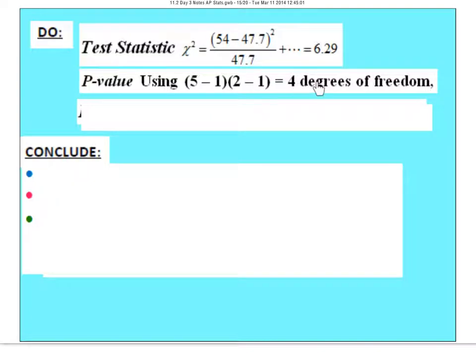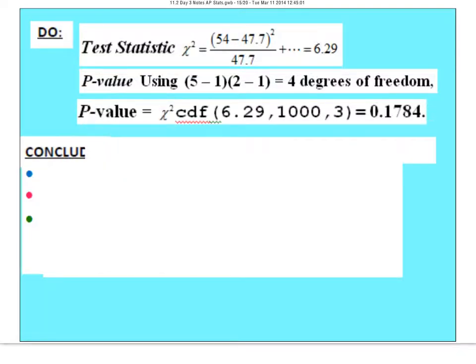So in this case, our degrees of freedom is 4. If we were to calculate the p-value by hand, it'd be the chi-squared CDF of our 6.29 to a really high number with, be careful, 4 degrees of freedom. And when you do that, you're going to get a p-value of 0.1784.